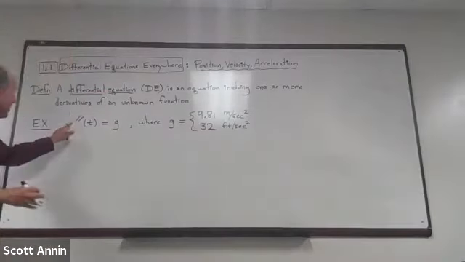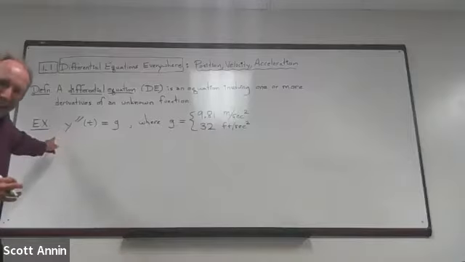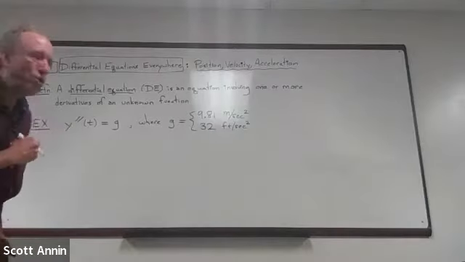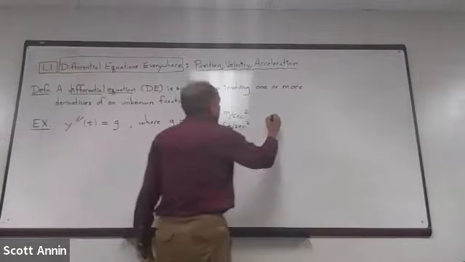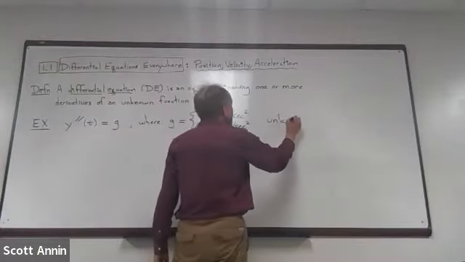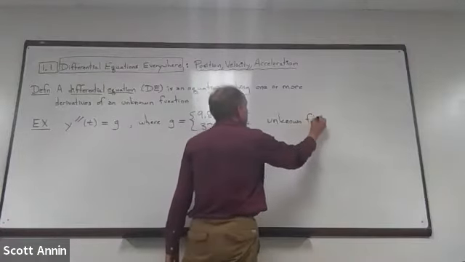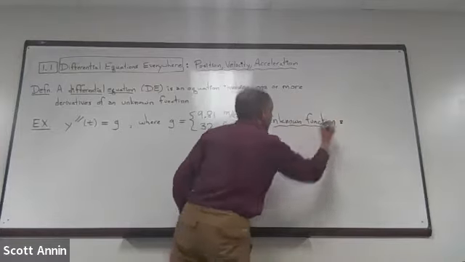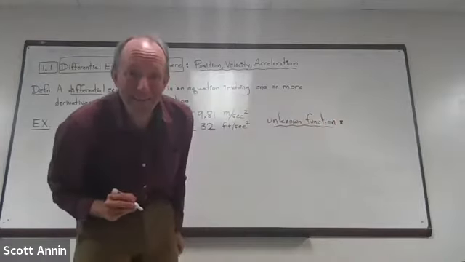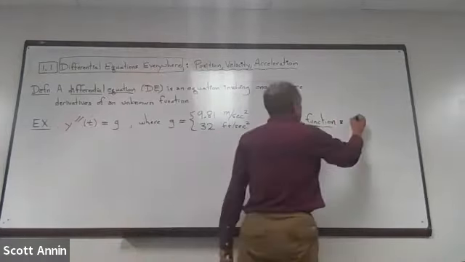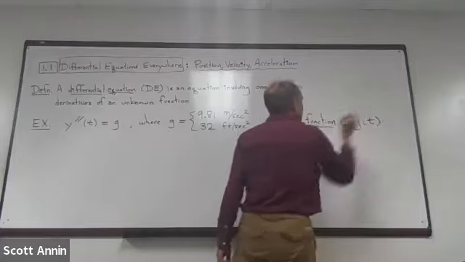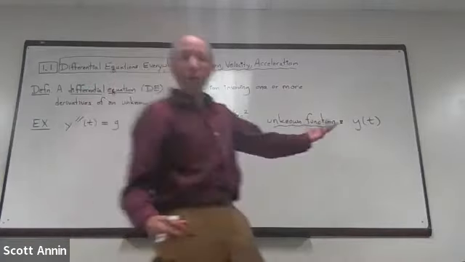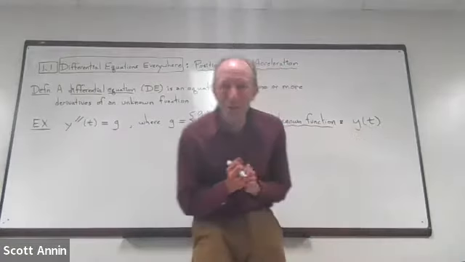And we have the second derivative of y as a function of t equal to g. So what you can observe here is that the unknown function in this differential equation is in fact y of t. And the goal would be to solve for that unknown function y of t.